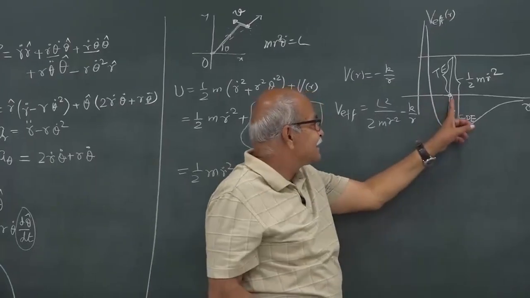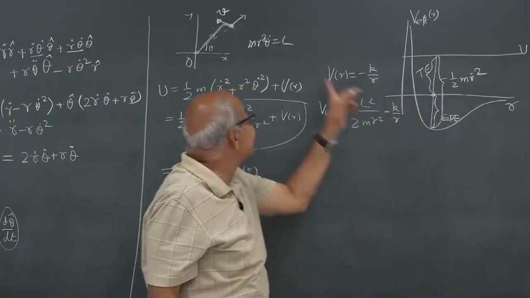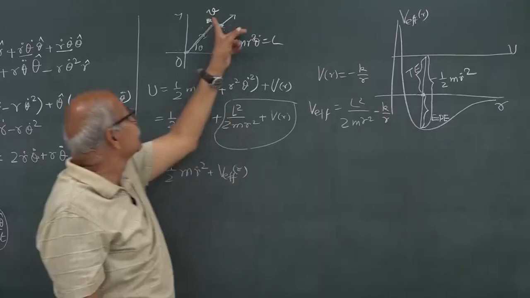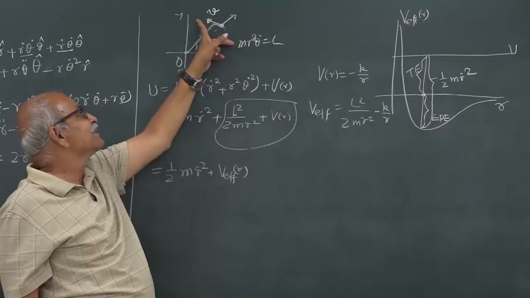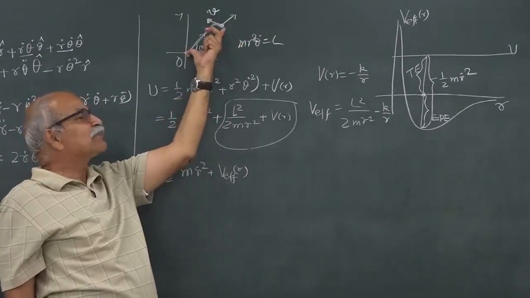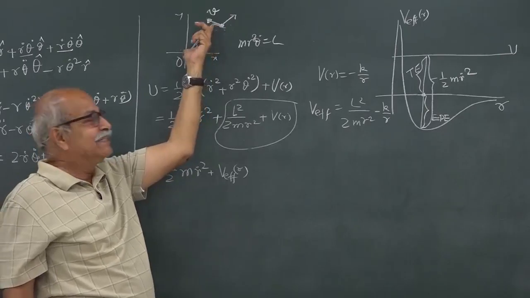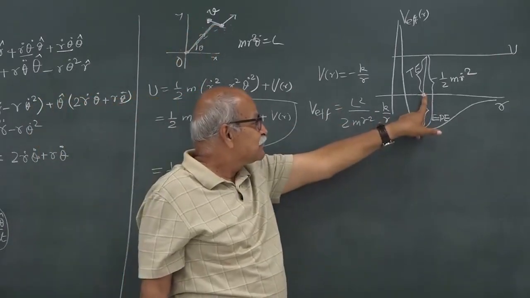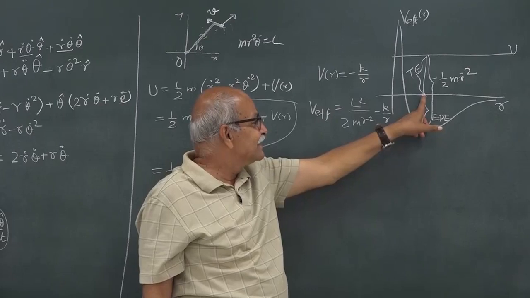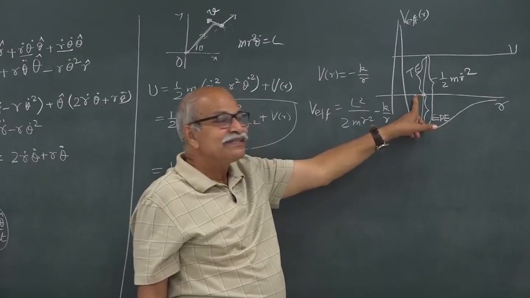Remember this is a graph, this is the particle, and the particle is going in this direction. So, this separation from origin is decreasing. In this diagram, the particle's original r is here and the r is decreasing, meaning it is going this way.